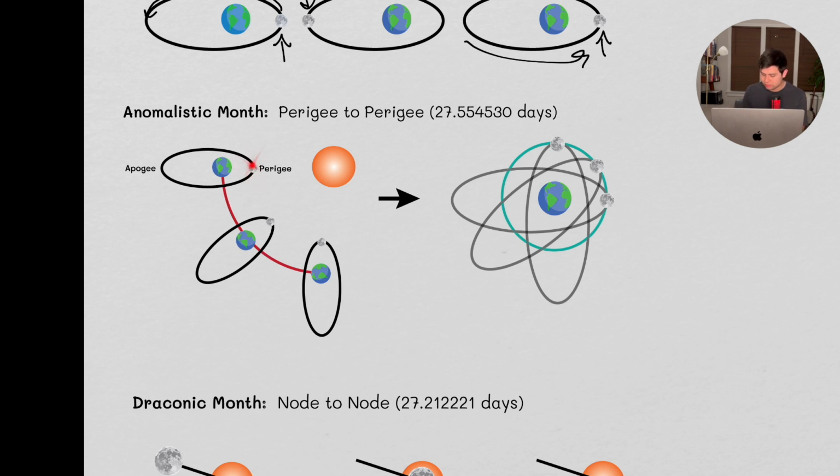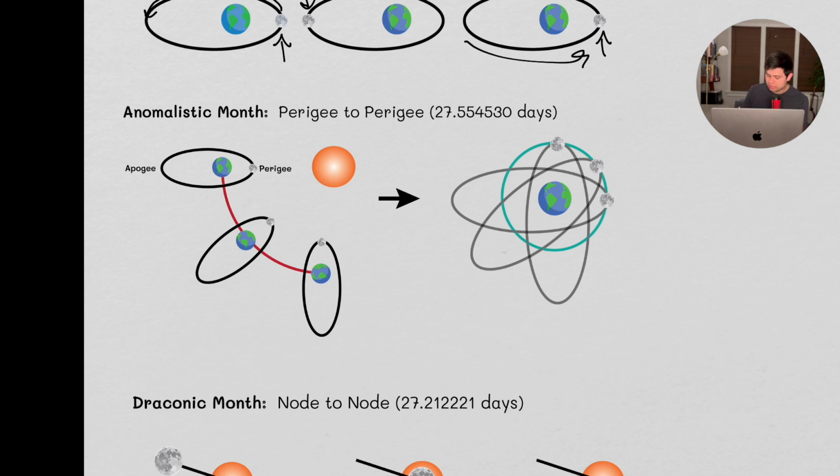The perigee is the closest point of this path to the Earth, and the apogee is the furthest point away from the Earth.